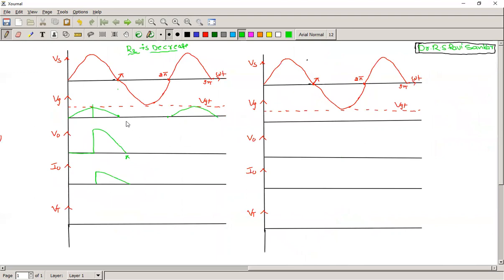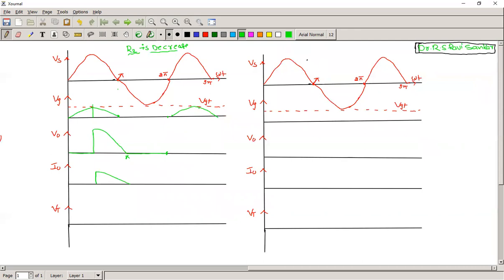Now come here. At this point, the SCR naturally turns off because of the source voltage. From pi to 2 pi, the SCR is reverse bias, nothing but off, and the output voltage becomes 0.